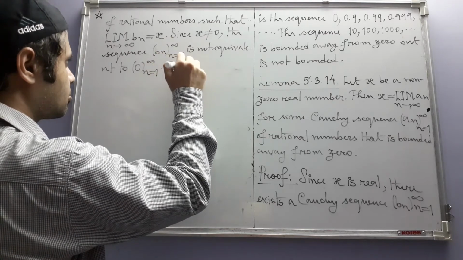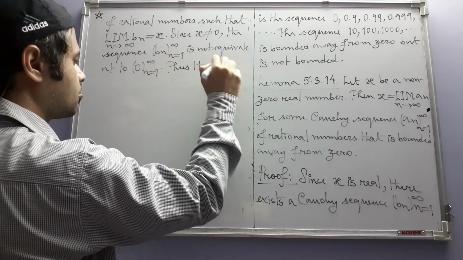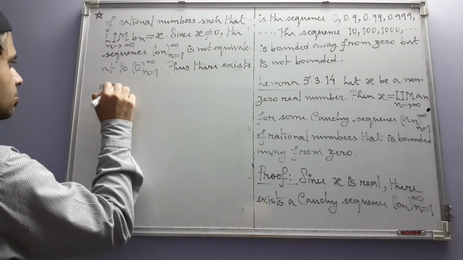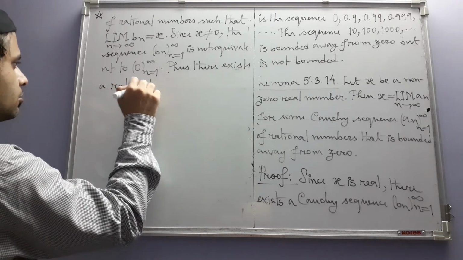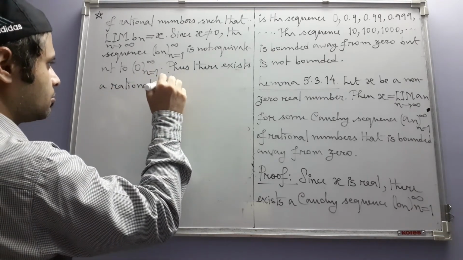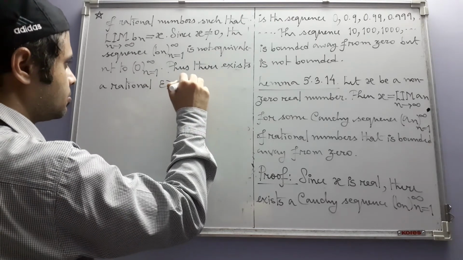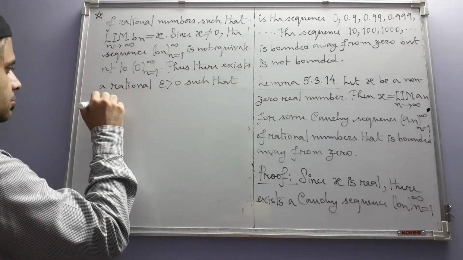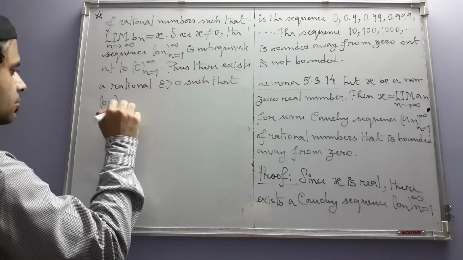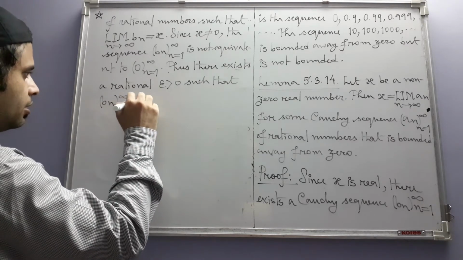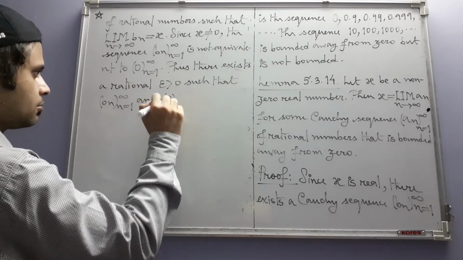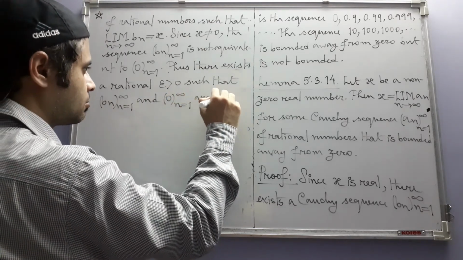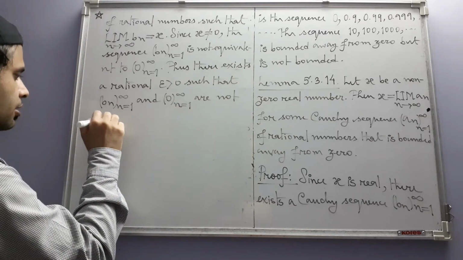Thus, there exists a rational epsilon greater than 0 such that Bn and 0 are not eventually epsilon close.